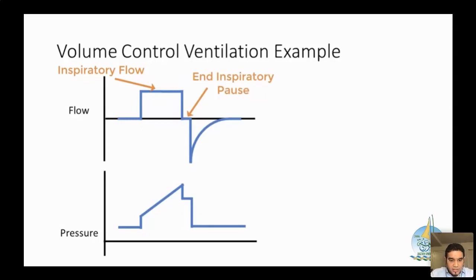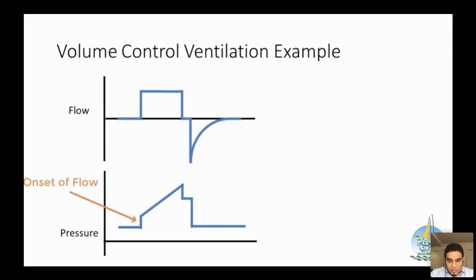The reason we hold it at zero for the inspiratory pause before exhalation begins is to allow that measurement. This is reflected in the pressure waveform: at the initiation of inspiration, there is a jump in pressure from the flow resistance. Then you can see a progressive increase in pressure as the lung inflates.